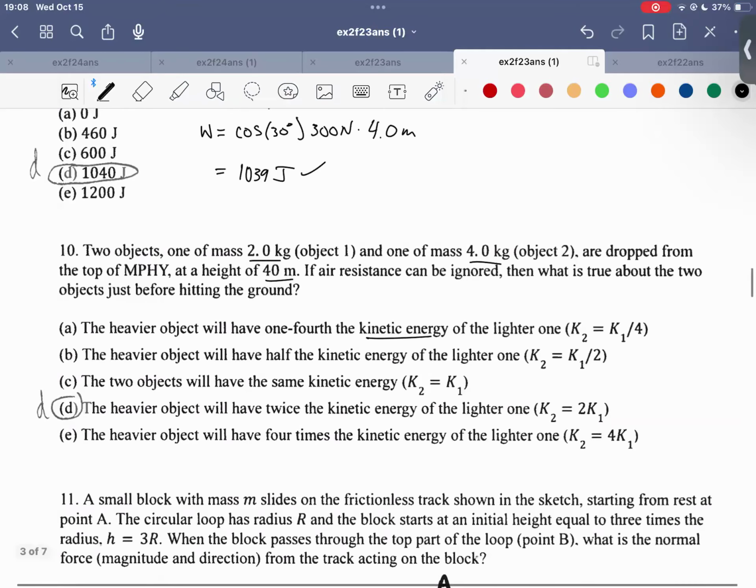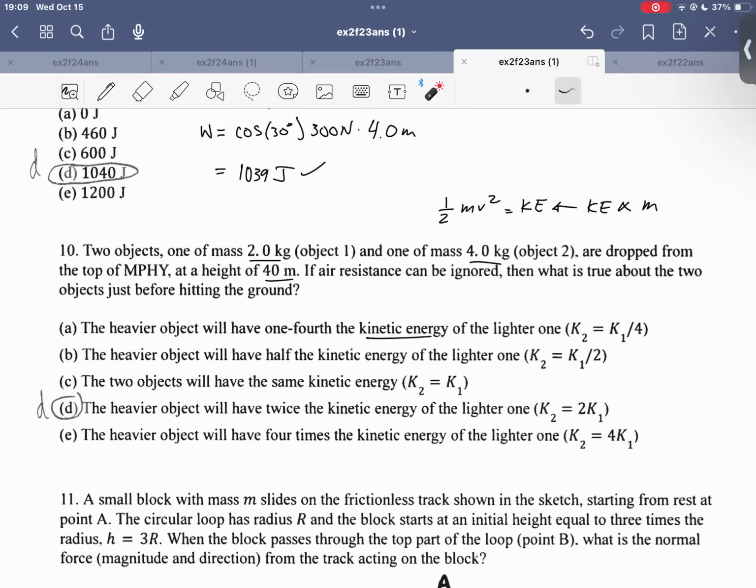And so looking at our formula, we have 1/2 mv squared equals kinetic energy. From here, we can see that kinetic energy is directly proportional to mass. And so since it's directly proportional, a 2 times increase between object 1 and object 2 is going to yield you this one.